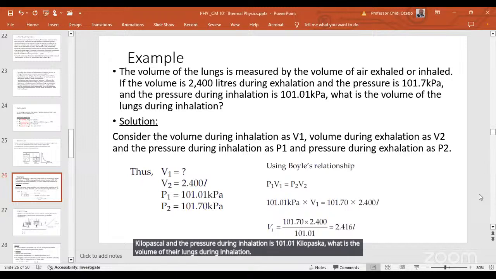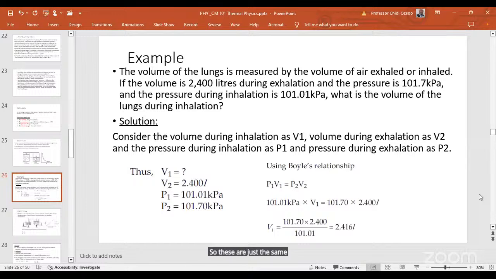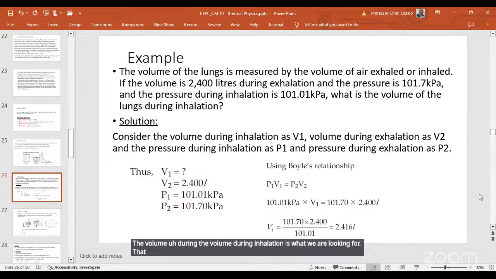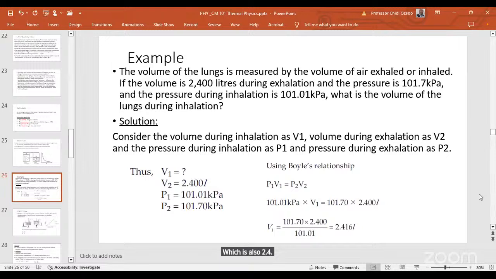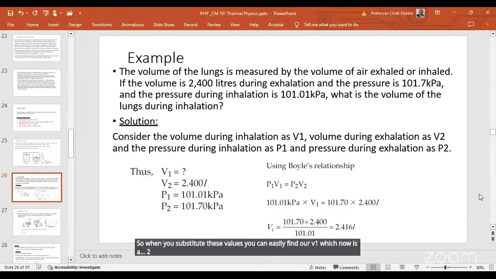So these are just the same, applying that formula of P1 V1 equals P2 V2, and you substitute the values. The unknown one there is V1, the volume during inhalation, is what we are looking for. Our V2 is 2400 liters, which is also 2.4 times 10⁻³ liters. So when you substitute these values, you can easily find our V1, which now is 2,416 liters.